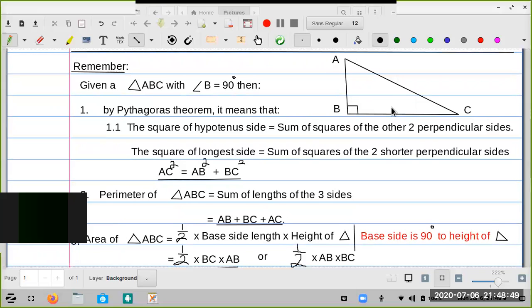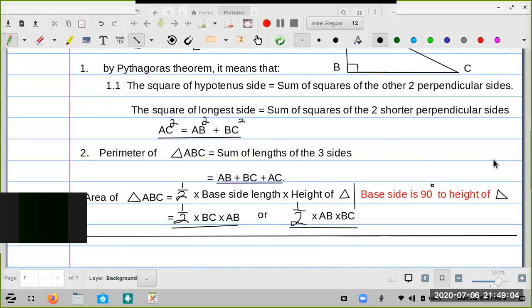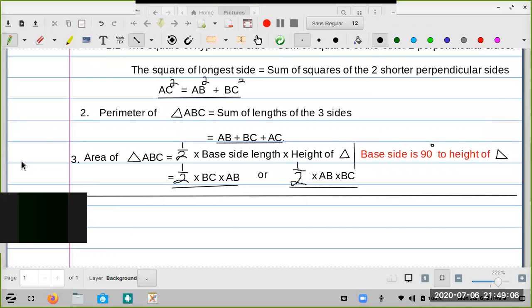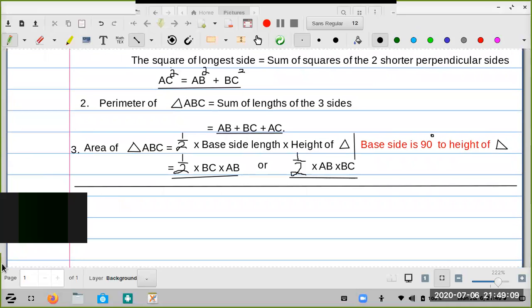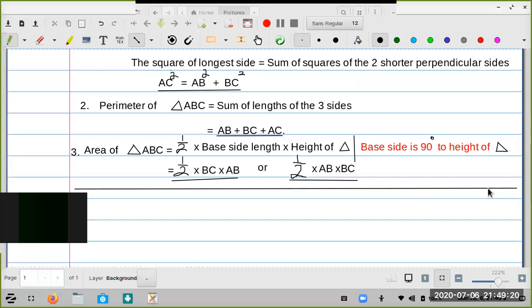This is a right-angled triangle, so it's not a problem. As long as we have a side which is perpendicular to the other, then we can interchange the sides. It's not a problem, right? Fine. So then from there, substituting, we have half BC times AB, or half AB times BC. We can commute them, it's not a problem since it is multiplication. Right, so that was just a reminder.